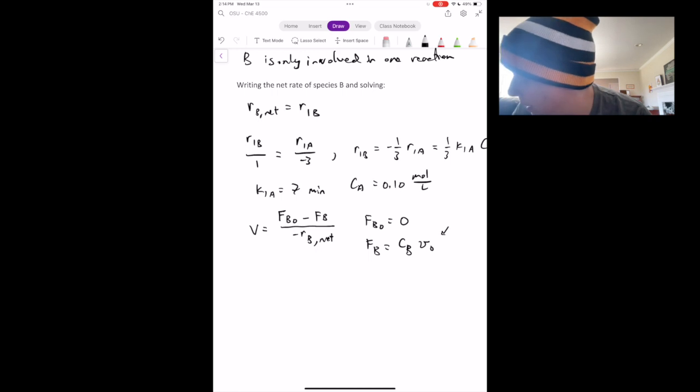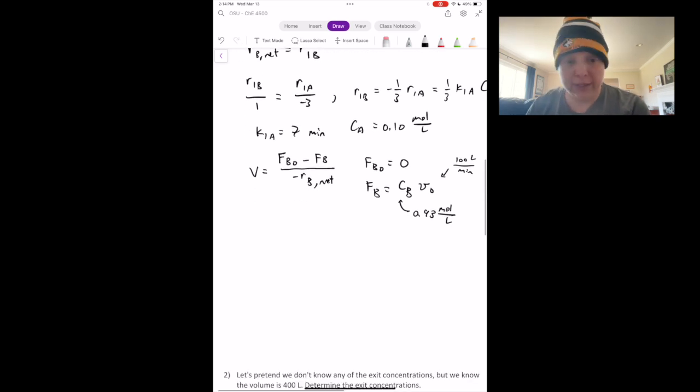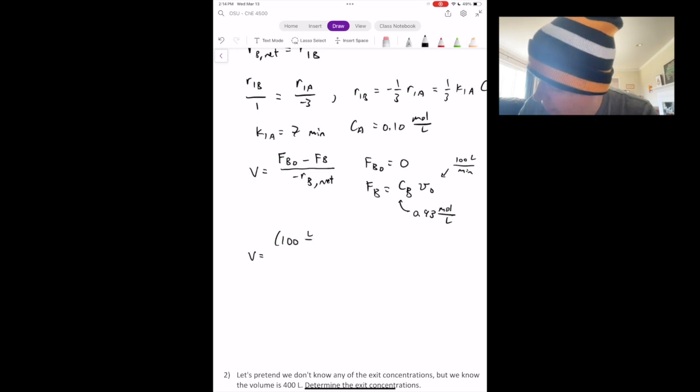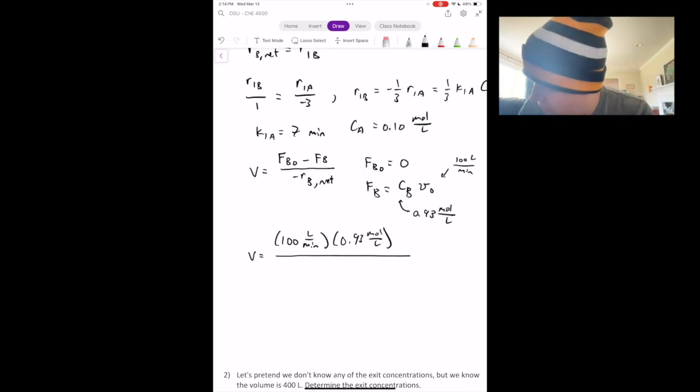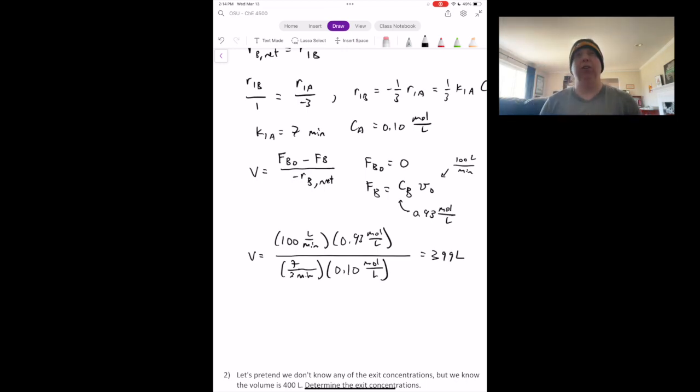So this value is going to be 100 liters per minute, and I'm given the concentration as 0.93 moles per liter. So now I can enter all of this information into the mole balance and solve it. And if I do all that, I get an answer of 399 liters.